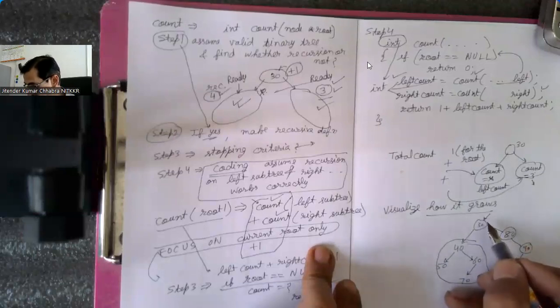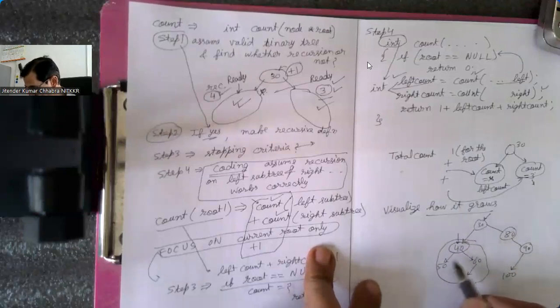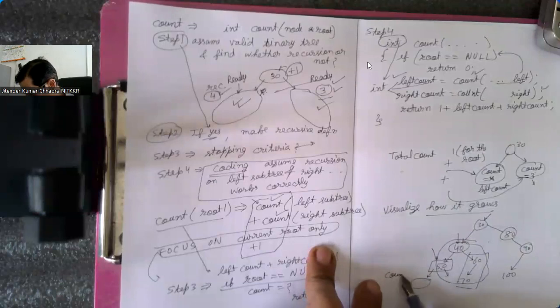So this side count I said 4, how did it come? From 30, call will go to the left side, left count for this tree to be generated. On this tree again count to be generated, it will say this count is also equal to count on the left side plus count on the right side. Count on the left side will go to this call. It will say count of 1 plus count on the left side, count on the right side. This side count will come as 0.